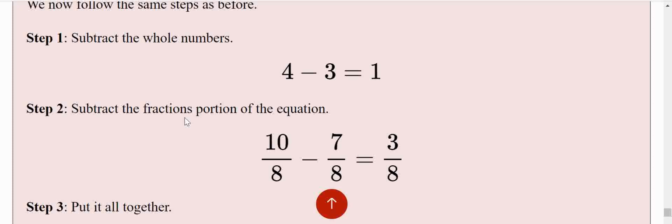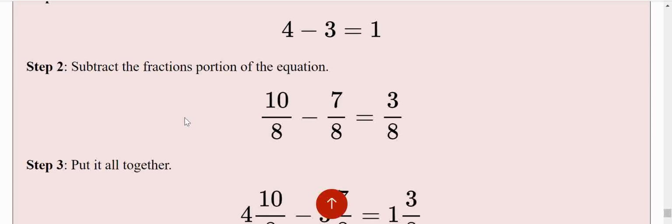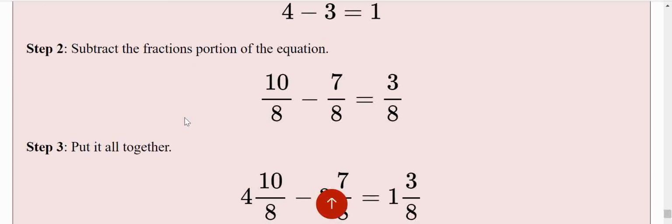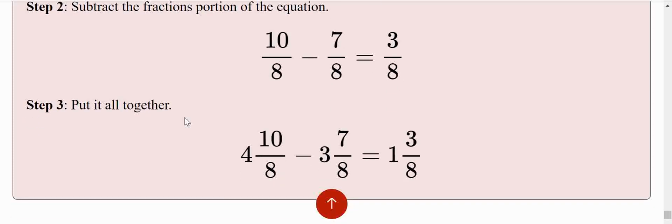Step 2. Subtract the fractions portion of the equation. 10 over 8 minus 7 over 8 is equal to 3 over 8. Step 3. Put it all together. 4 and 10 eighths minus 3 and 7 eighths is equal to 1 and 3 eighths.